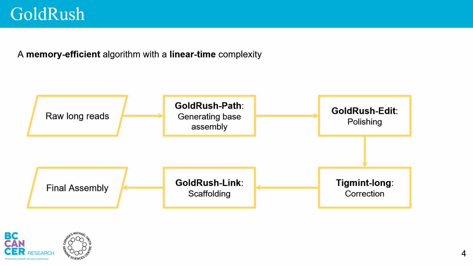The base assembly is then sent to GoldRush-Edit for polishing and removing base errors introduced by the base calling software. The polished assembly is then sent to Tigment-Long for correction and cutting chimeric reads introduced by the sequencing platform. Finally, the corrected and polished assembly is sent to GoldRush-Link for scaffolding and generating the final assembly.